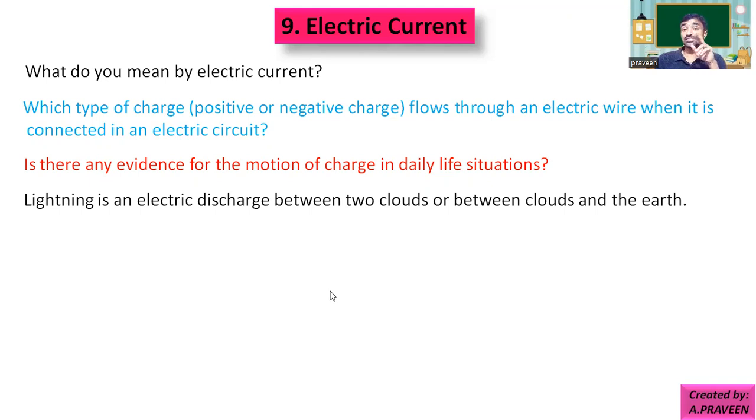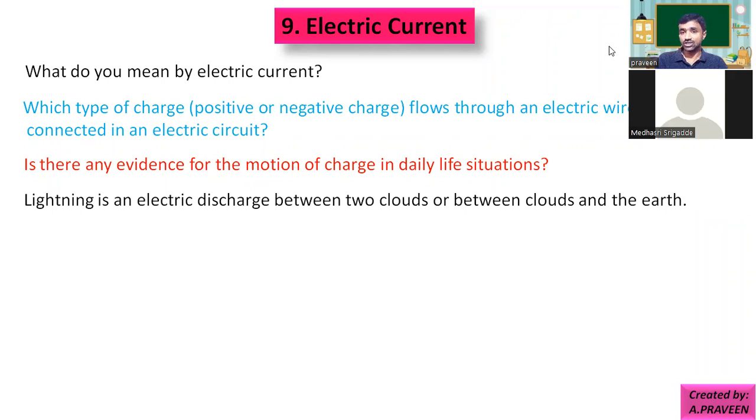The charge is exchanging between the clouds. So spark or lightning is a live example of electric discharge between clouds, or between cloud and earth. So this is a daily life situation.